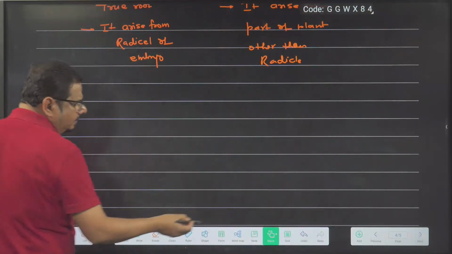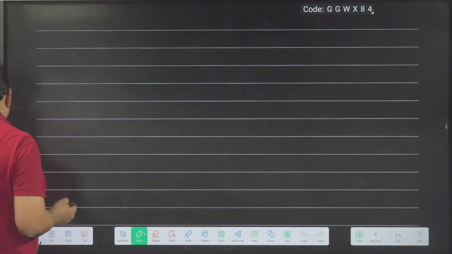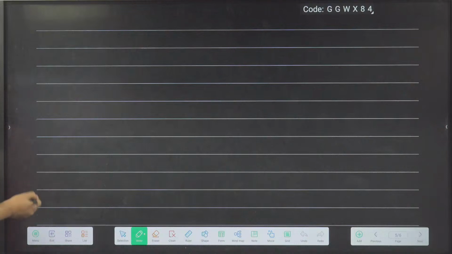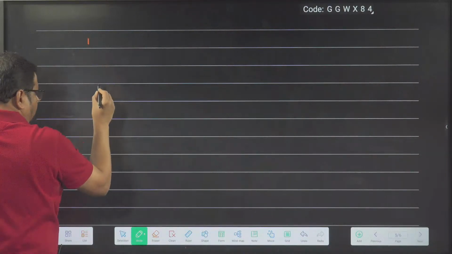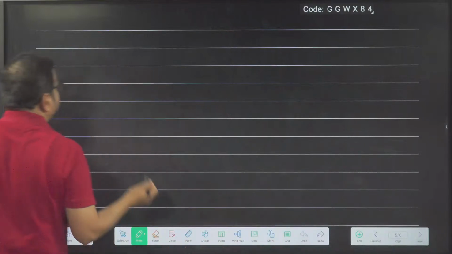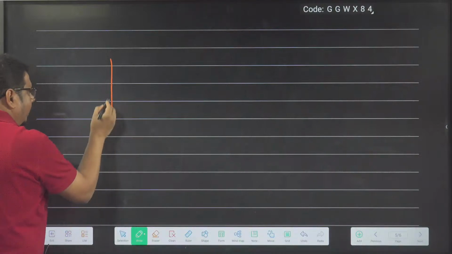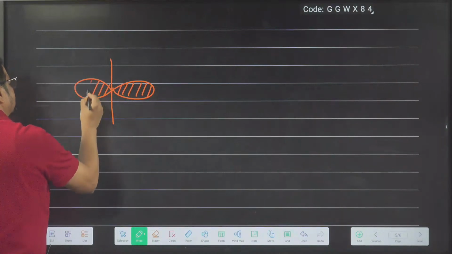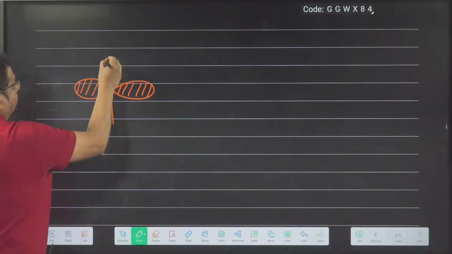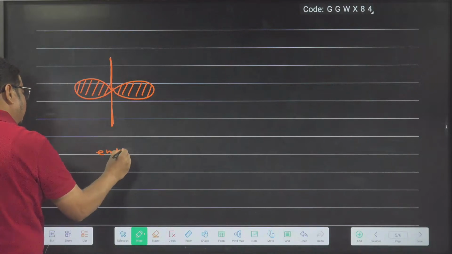Now, what is the radicle? Let me tell you first. I will come back to this slide once again. So what is this radicle? Have a look. I am drawing the structure of an embryo. This is a typical structure of a dicot embryo.